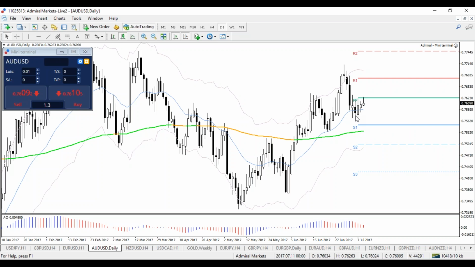So this is candle number 7. That might indicate a bit of hesitation with this upside.